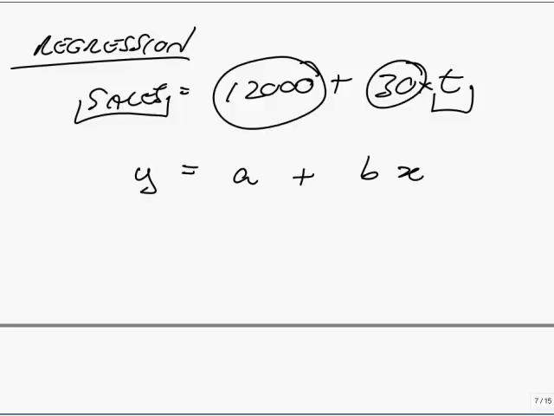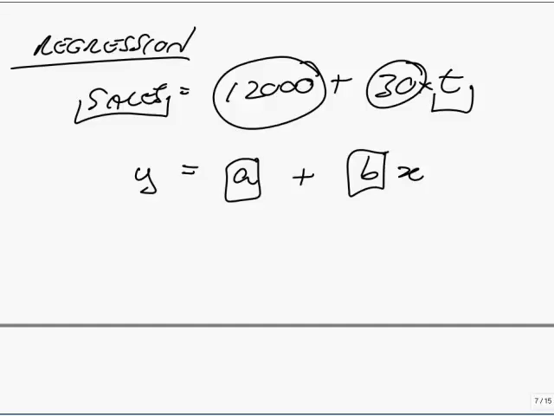It could be sales, where we know the time, the month. It could be cost, when we know the number of units. But whatever it is, you're trying to find a and b. Is it 12,000 plus 30t? Or is it 10,000 plus 40t? I think you all know what I'm getting at.